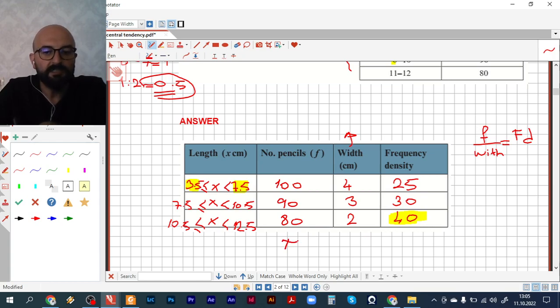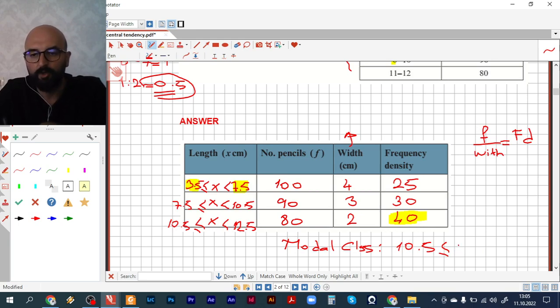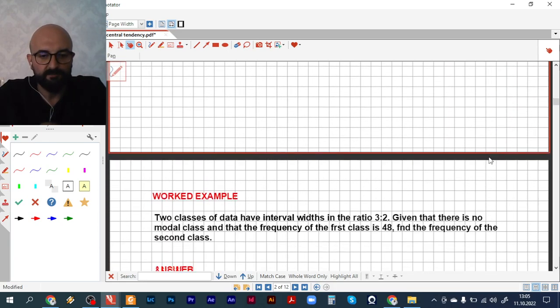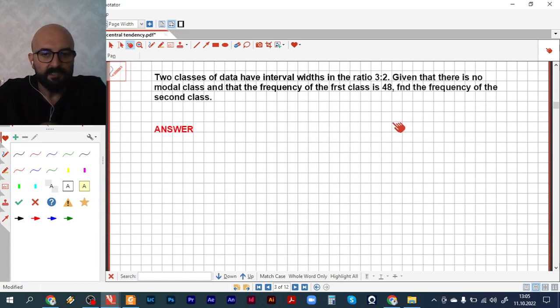So the modal class is 10.5 greater or equal than x, less than 12.5. The modal class we can decide easily. And the other question: two classes or data have interval widths in the ratio 3 to 2.